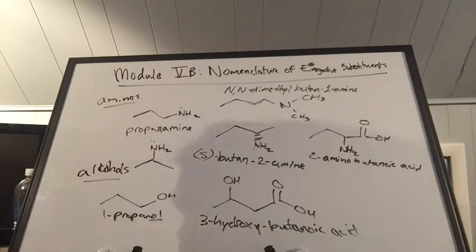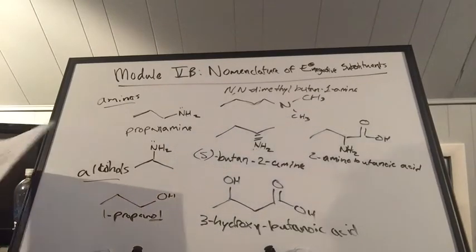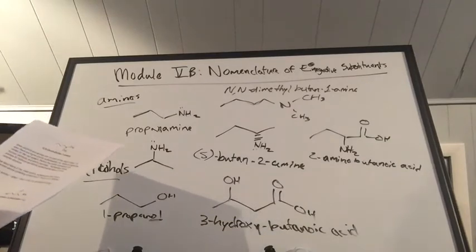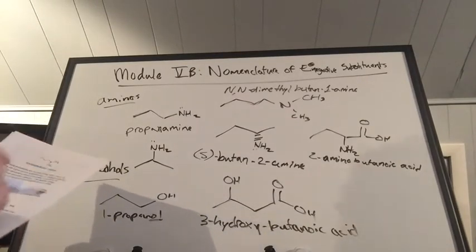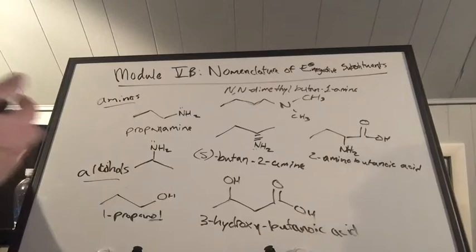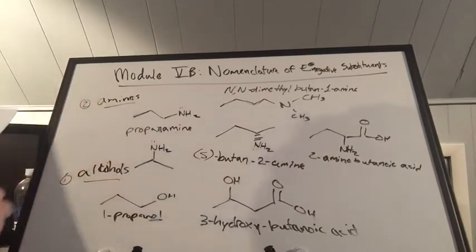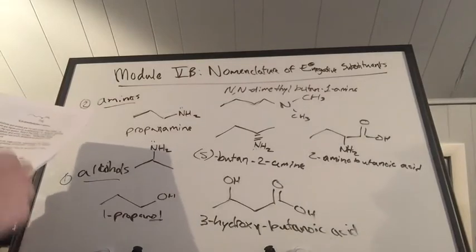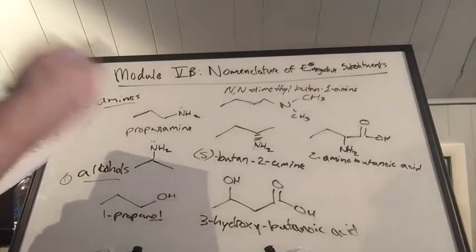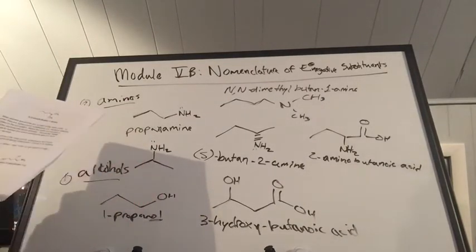Okay, so I made a note in your notes here. Think about highest to lowest priorities. Alcohols are going to be number 1, followed by amines, which are going to be number 2, and then all the other stuff like ethers, all the other things you've learned up to this point.